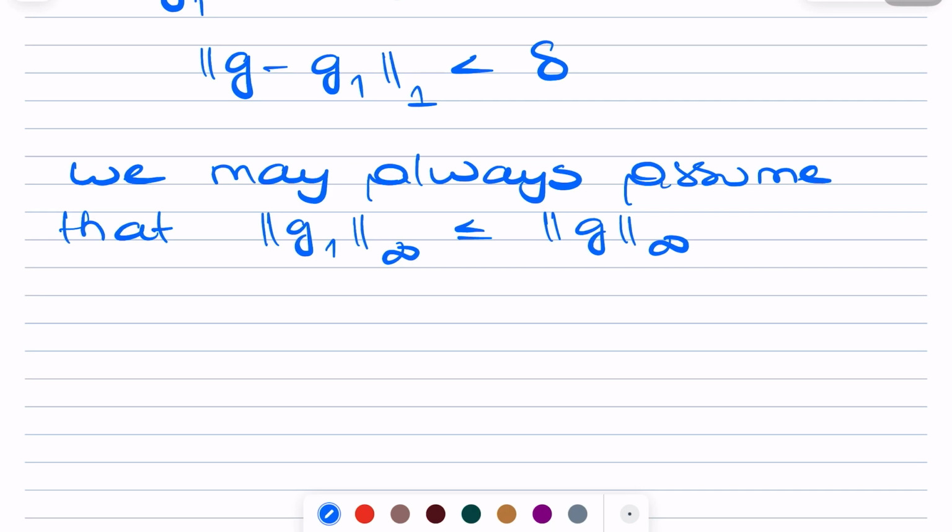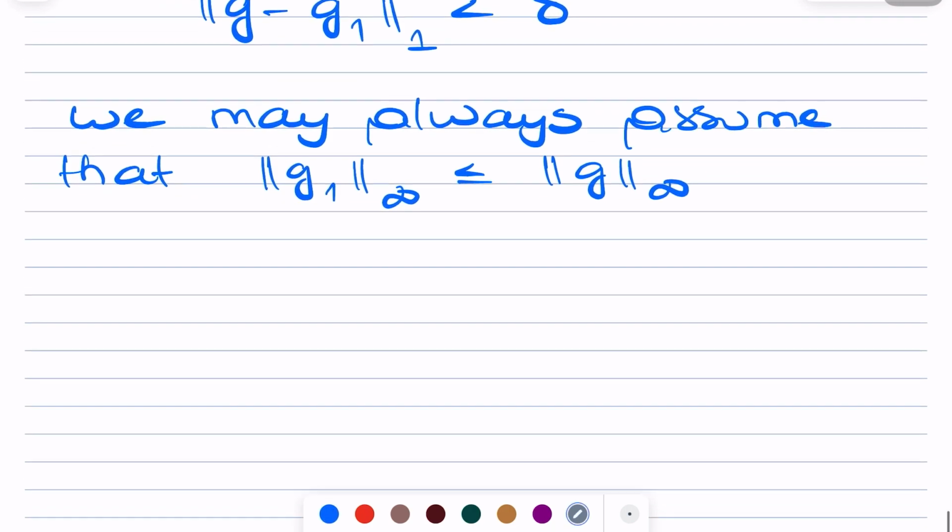This is always possible. Here is a short proof of why we can always choose the norm of g1 to be less than the norm of g.